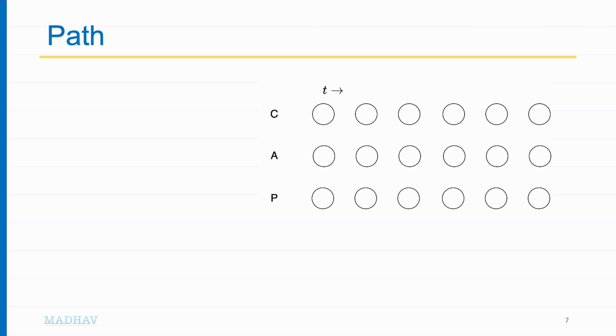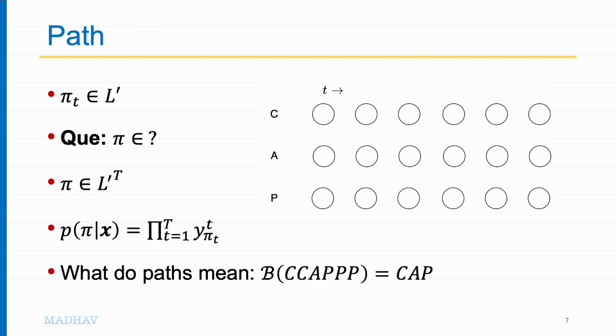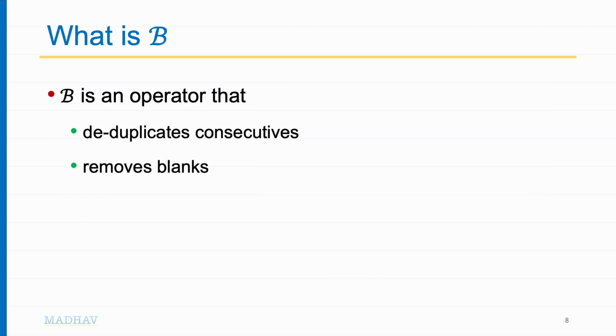Now the model, I will skip these details. The model is simply an RNN, and we discussed the notion of path. We make something called a trellis, and we find a path in that trellis. And we discussed this. I will leave it. And we discussed the B operator. What does it do?